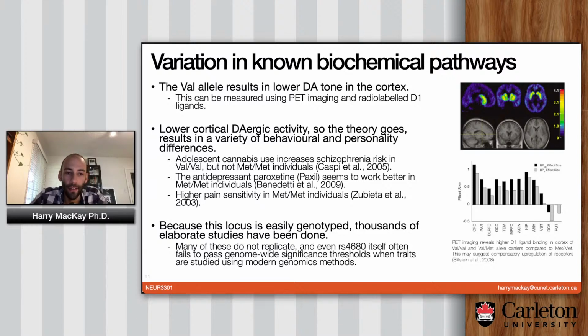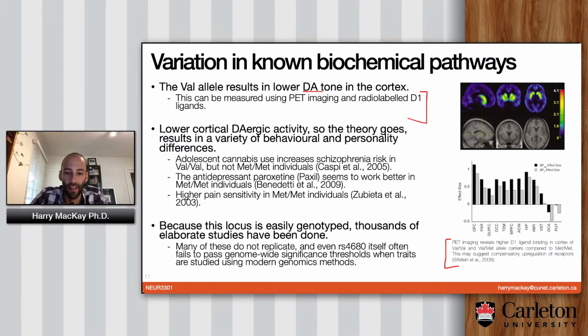So the Val allele results in lower dopamine tone in the cortex, of course, because it's metabolizing dopamine more rapidly, and thus there's less of it floating around in the cortex to stimulate the receptors. You can look at PET imaging with radio-labeled D1 ligands, dopamine receptor 1 ligands, and see that it binds differently in people with this Val allele compared to people without it. It shows higher levels of ligand binding because there's less natural dopamine for it to compete with.